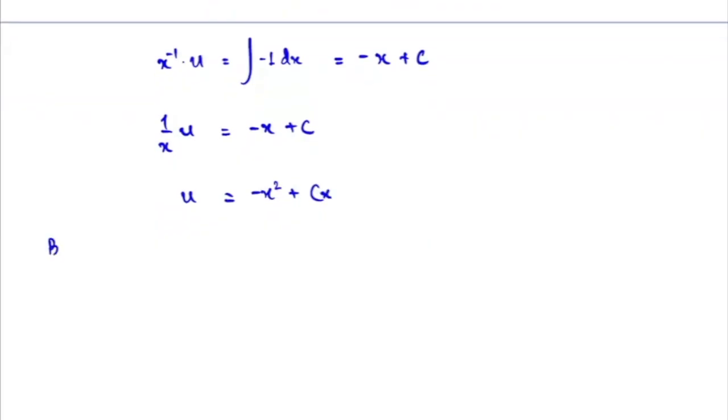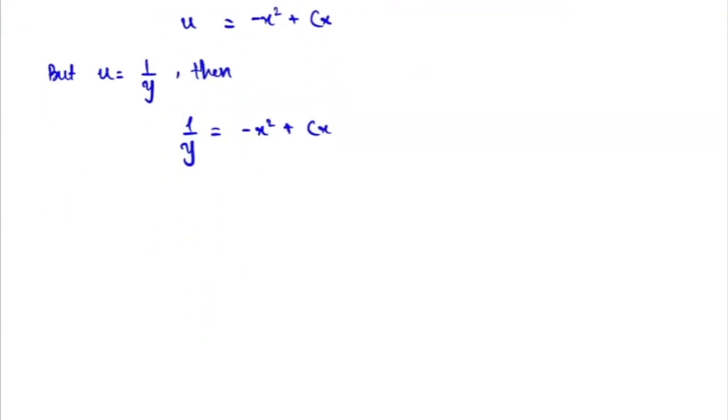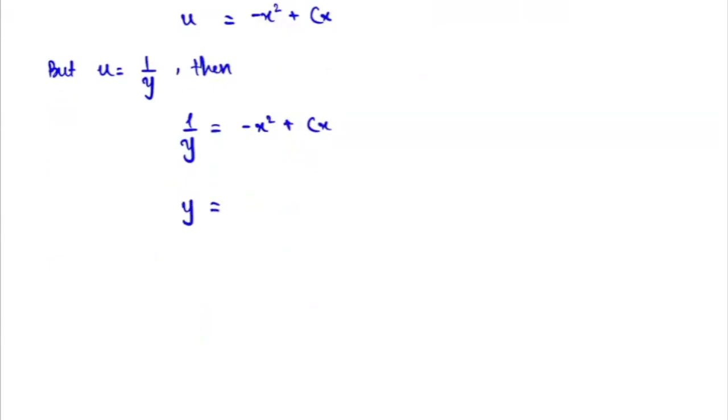But u is equal to 1 over y. Then you have 1 over y equal to -x squared plus c times x. So this is the general solution. And for this general solution, again, you can just leave it like this, or you can flip it over, so you have y equal to a fraction. Or you can write y equal to 1 over (-x squared plus c times x).